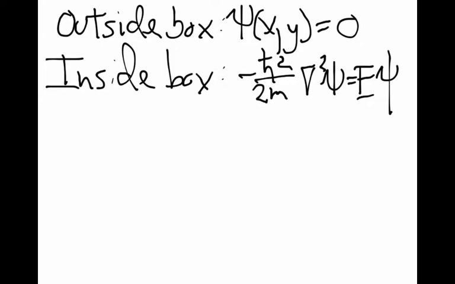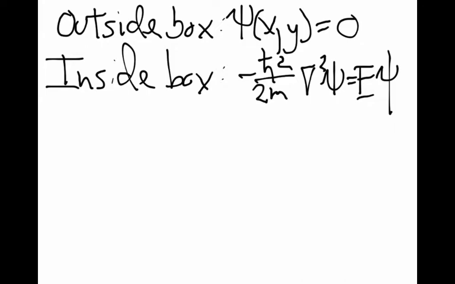That is equal to the energy times the wave function, psi. The total energy is the eigenvalue of the Hamiltonian, and where the potential is 0 inside the box, the Hamiltonian boils down to the kinetic energy operator: minus h bar squared over twice the mass times del squared.